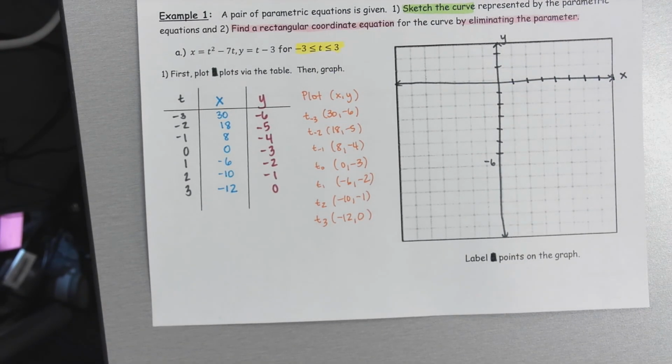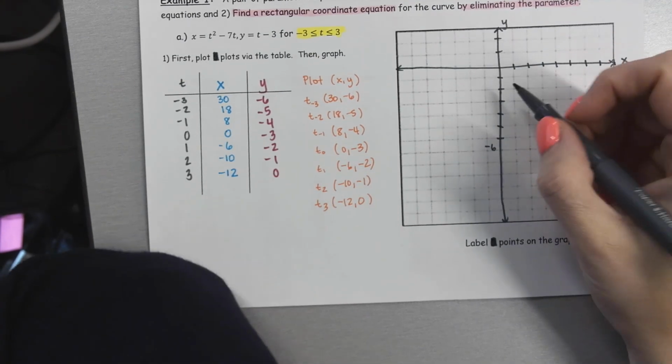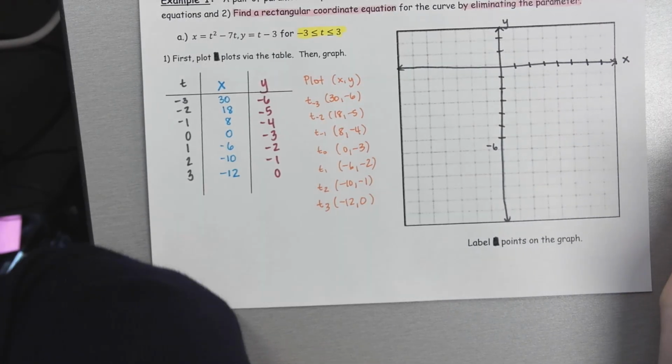Okay, and then once you've determined your scale, because you do have to go to 30, okay, so what did you guys decide for your scale? 4 by 5. I might go by 4s.